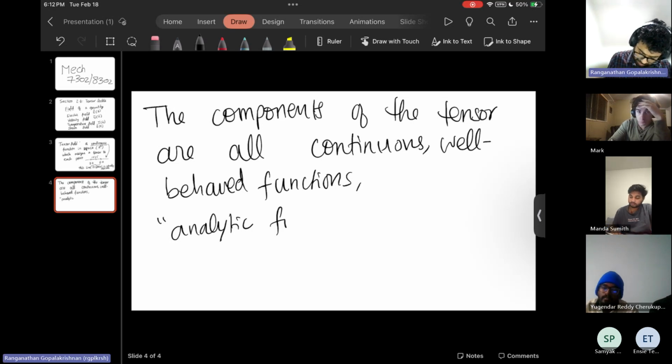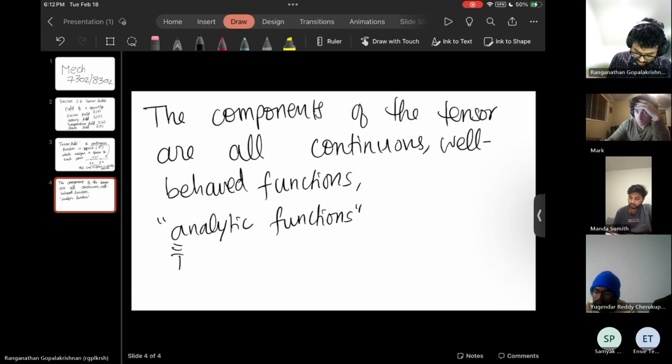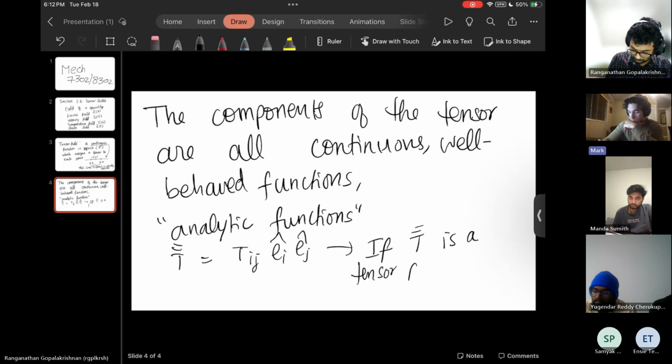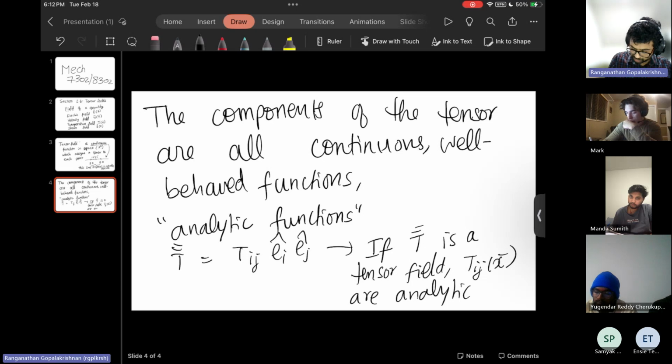So when we write, let's say, a tensor T, and we write Tij Ei Ej, if T is a tensor field, we assume Tij of X are analytic functions.